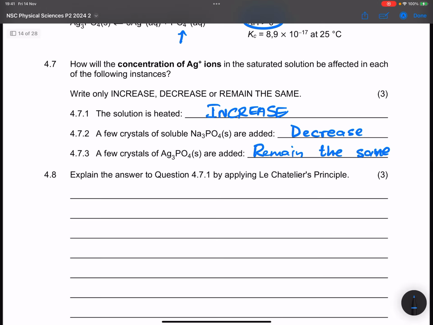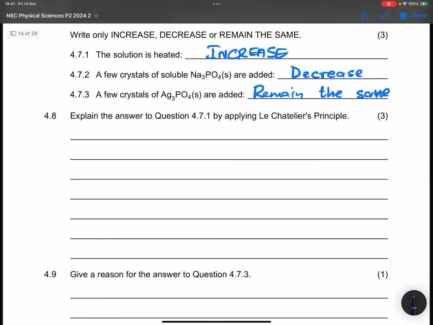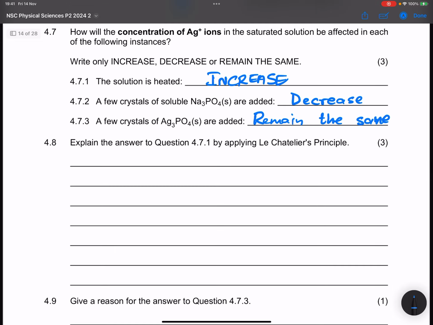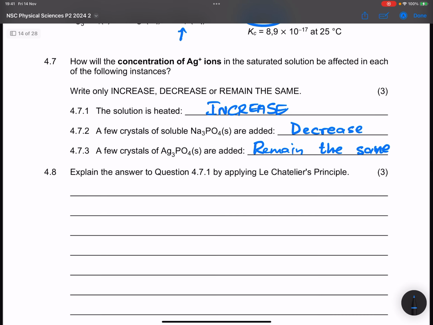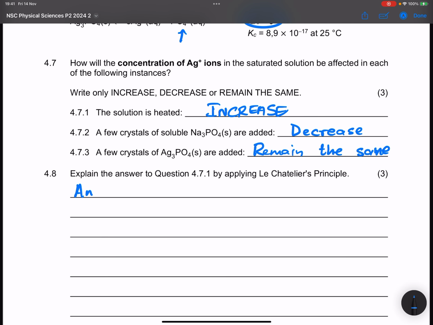All right, and finally, they say explain the answer to 4.7.1 by applying Le Chatelier's principle. And please, ladies and gents, refrain from making this long. You're just going to go straight to the point. Right, so for 4.7.1, we say an increase in temperature favors the forward reaction, favors, in fact, first the endothermic reaction.